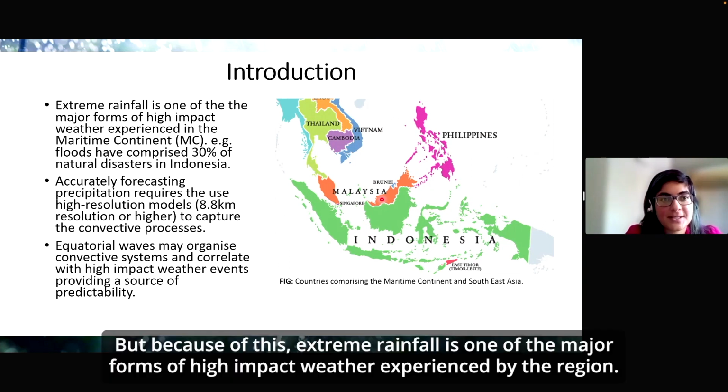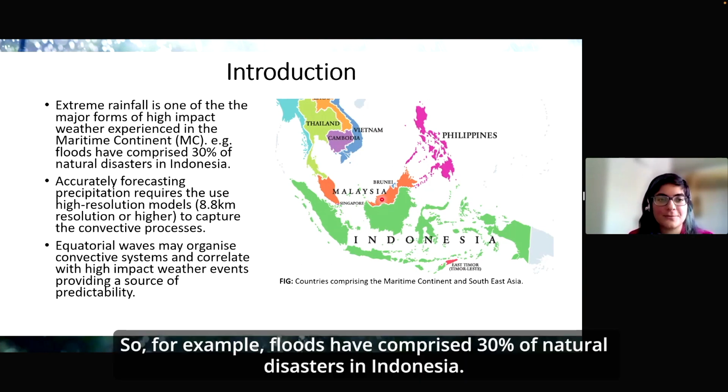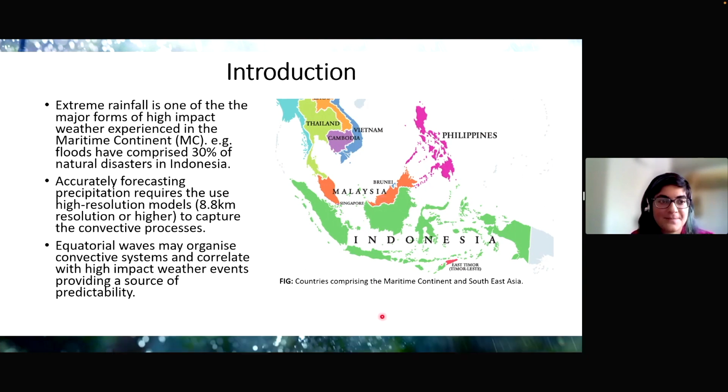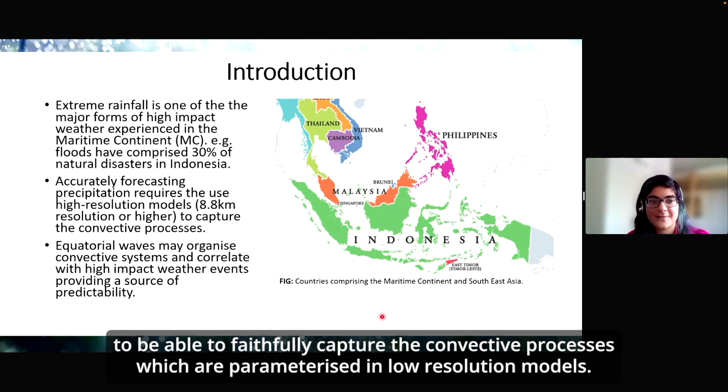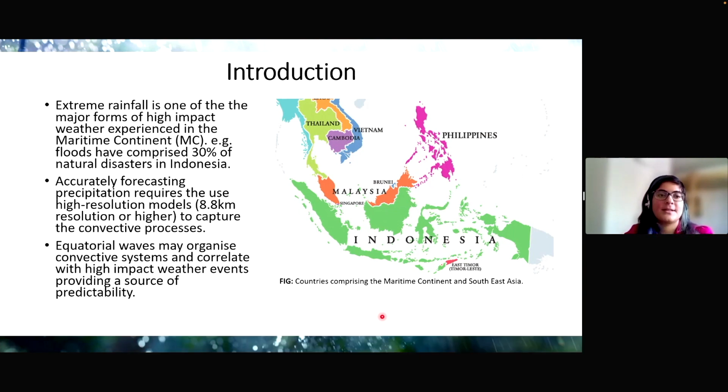But because of this, extreme rainfall is one of the major forms of high impact weather experienced by the region. So for example, floods have comprised 30% of natural disasters in Indonesia. So it's very important that we're able to accurately forecast the precipitation, which requires the use of high resolution models to be able to faithfully capture the convective processes, which are parameterized in low resolution models.